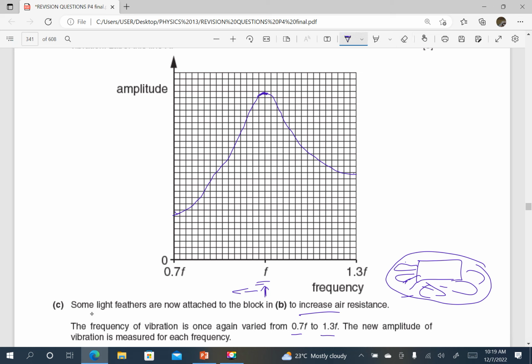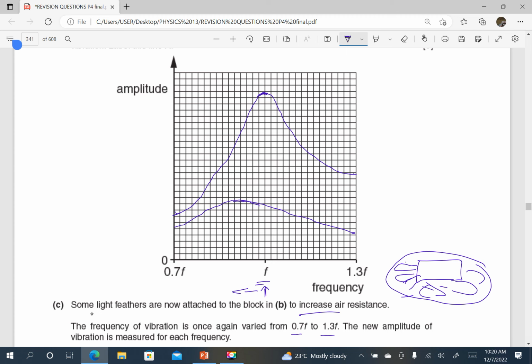So we shall sketch a graph here below the first one. It will be more flatter. So you notice that the peak of this graph is somewhere here, which is to the left of the first peak. And you also notice that the peak of this graph is a little bit more flatter than the one of the first graph.